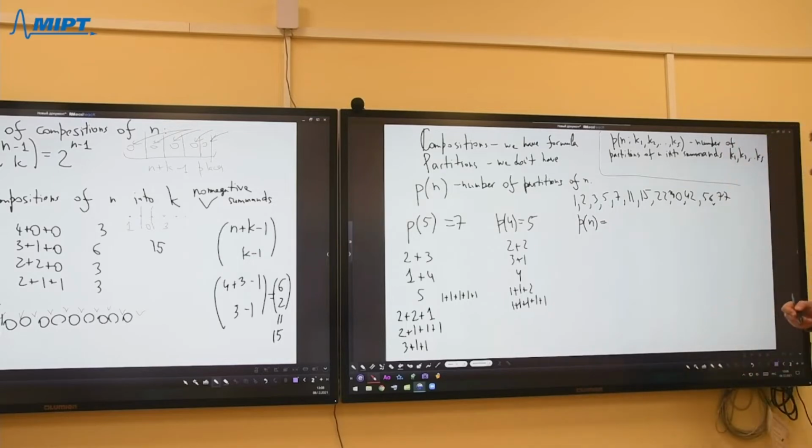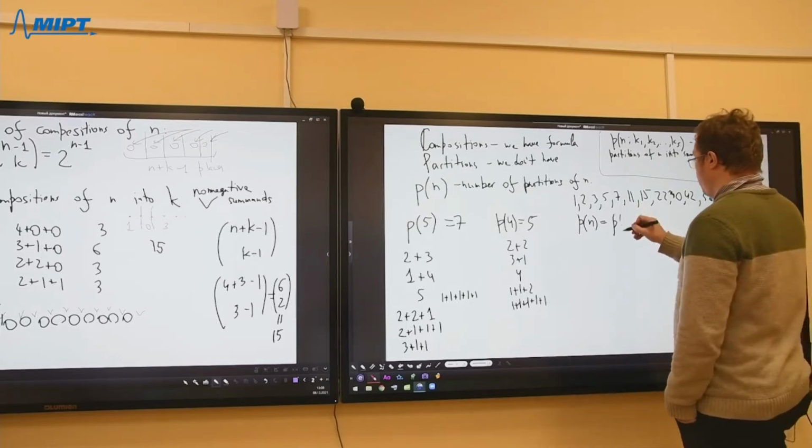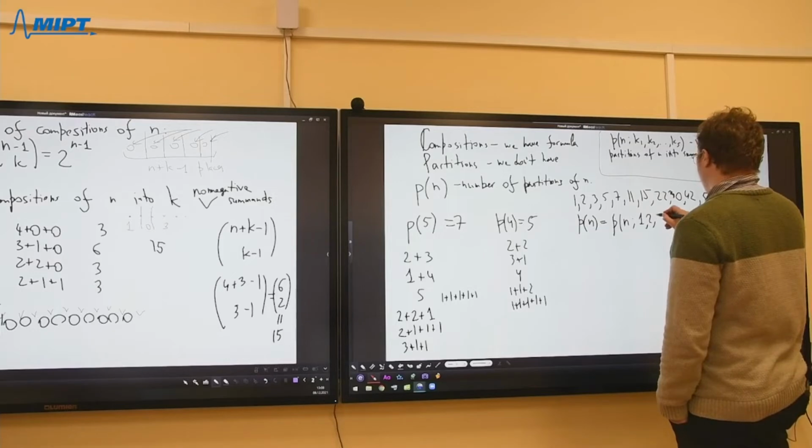So by definition, P of n is P of n, 1, 2, 3, etc., n.